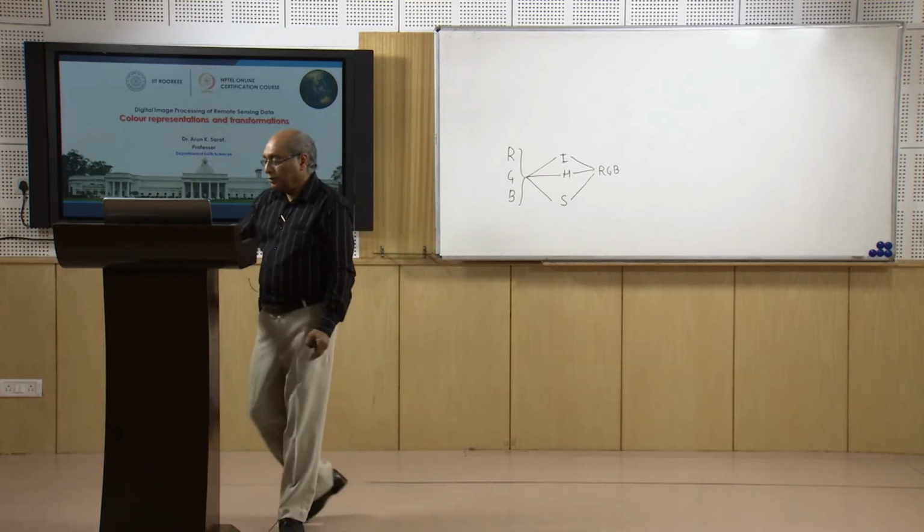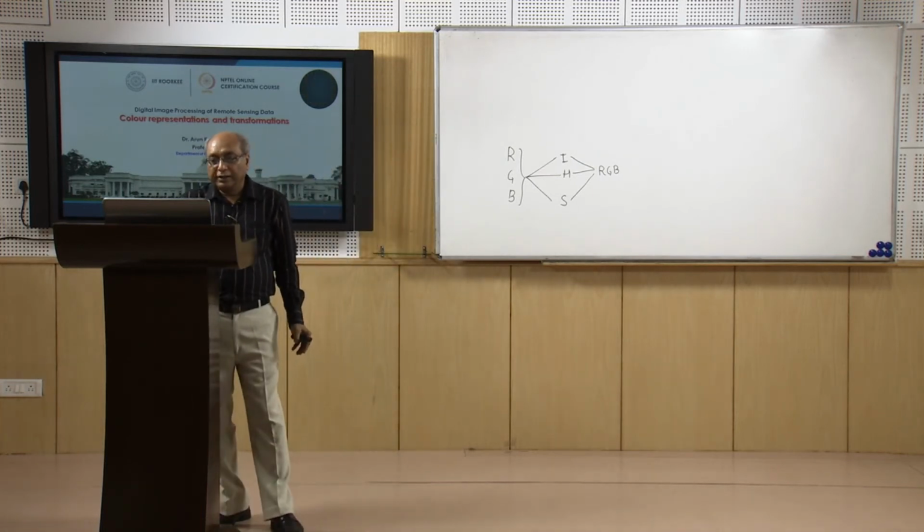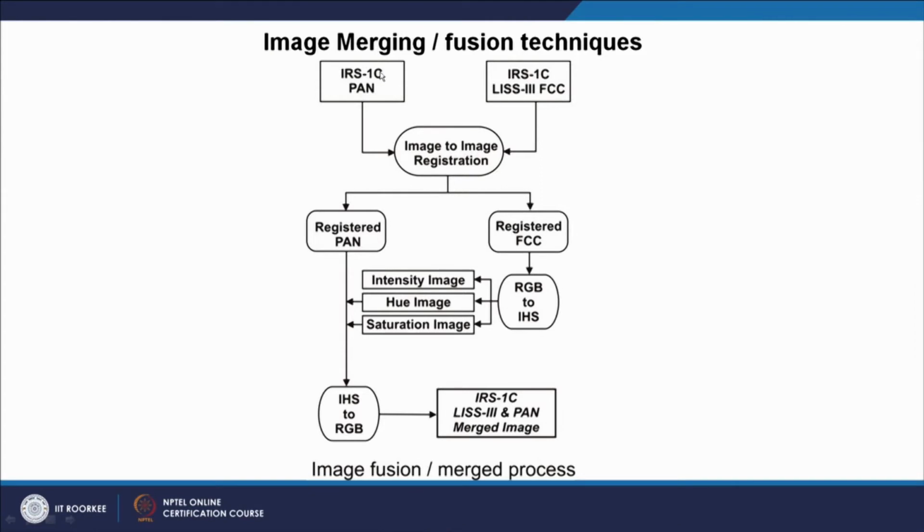The example is shown here in this flow chart. We have taken IRS-1C PAN data, which is panchromatic black and white data, and IRS-1C LISS-3, which is false color or multispectral data. The spatial resolution of IRS-1C PAN is 5.6 meter, whereas in case of LISS-3 the spatial resolution is 23 meter.